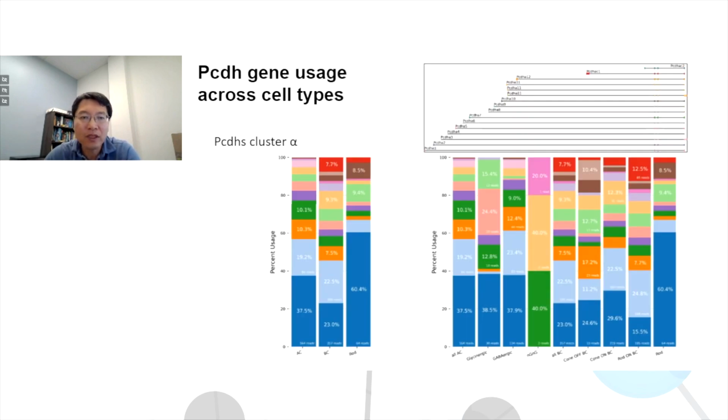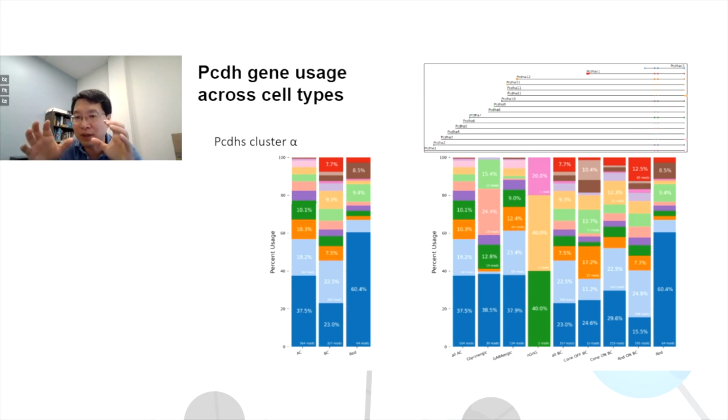So when we start looking at the alpha, which has different isoforms like shown here, you can see that different cell classes pretty much express all those isoforms, right? However, you notice the ratio of them is quite different. And when we zoom into the bipolar cells, again you see a similar trend.